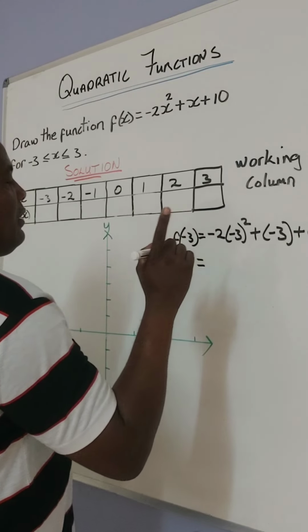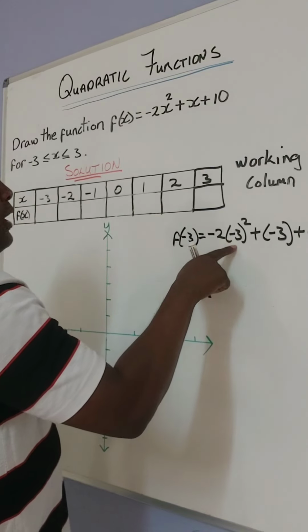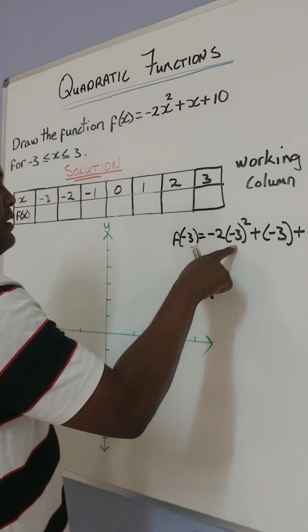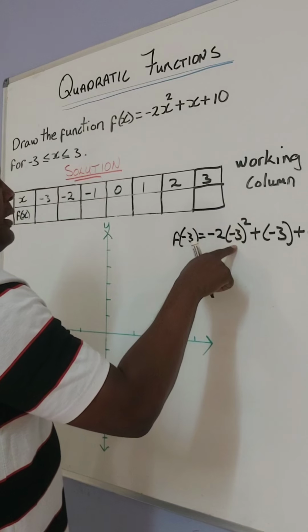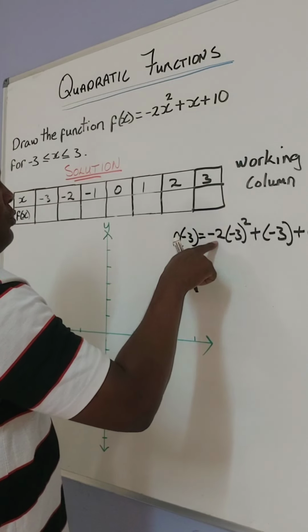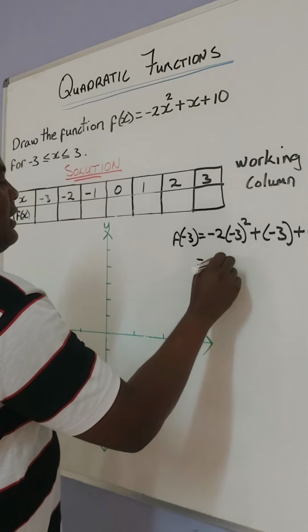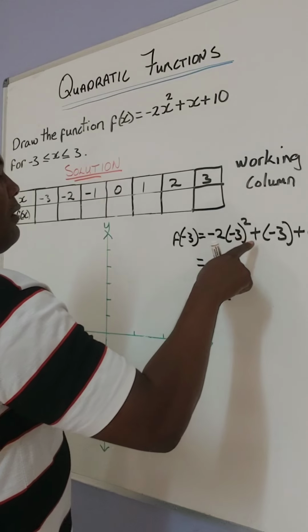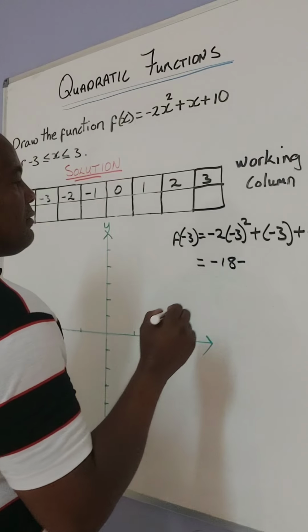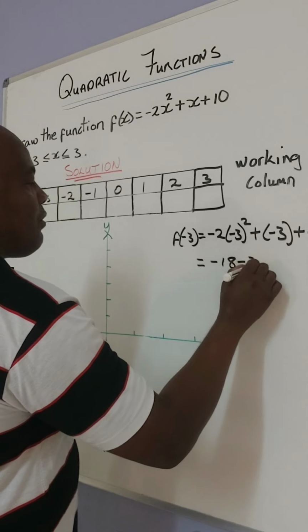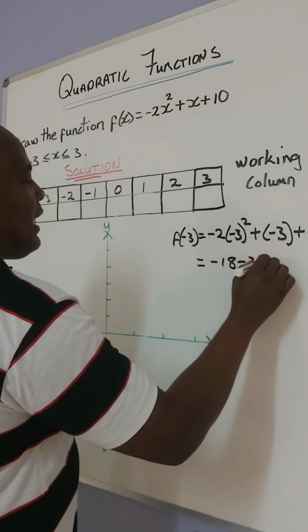This will give me, let's take our time, we are going to square this quantity first. -3 squared will give me 9. 9 times -2 will give me -18. When a plus and a minus come together, we have a minus. So we'll have -3, and we're going to add 10.